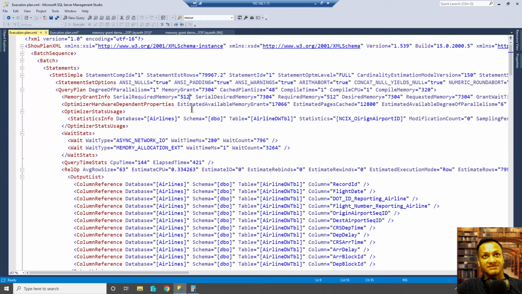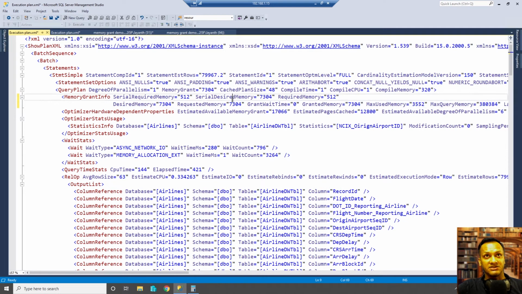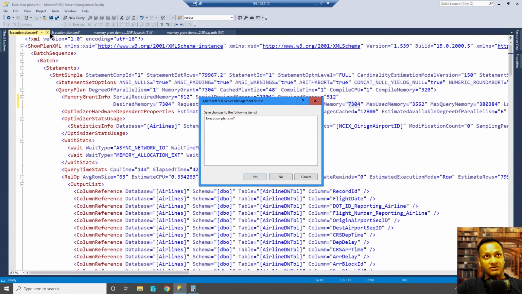The serial required memory is 512, and the desired memory is 7.3 MB. Because there is no parallelism, the serial desired memory is what gets requested and also what got granted. That's the point I was trying to drive home: when you do parallelism, if you're not careful, you overcommit memory due to the parallelism operator. A more detailed example of that is coming in a minute.